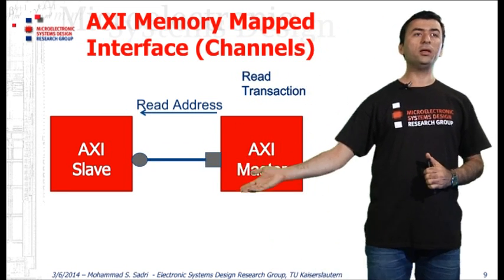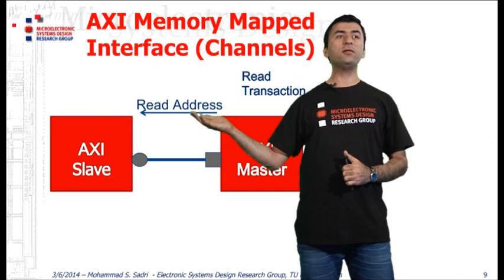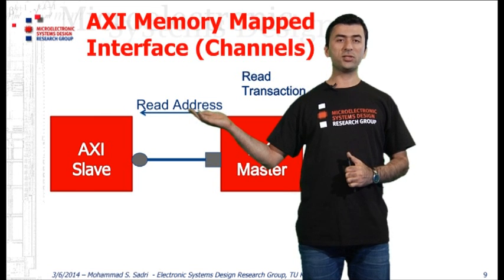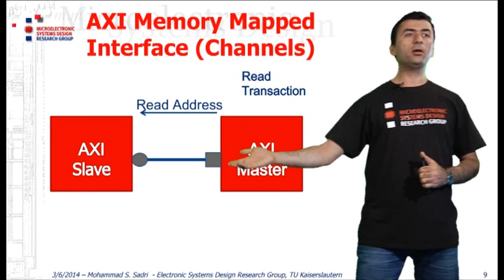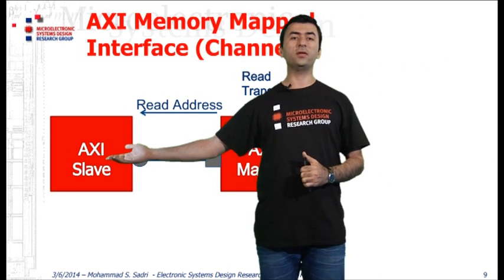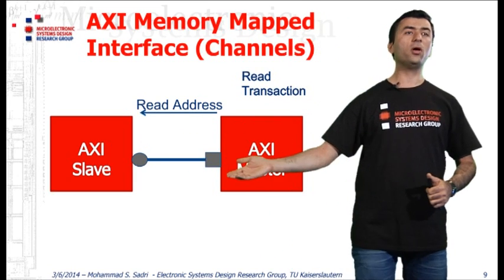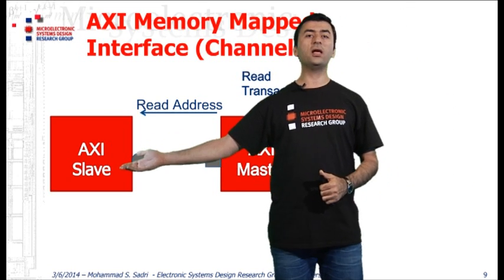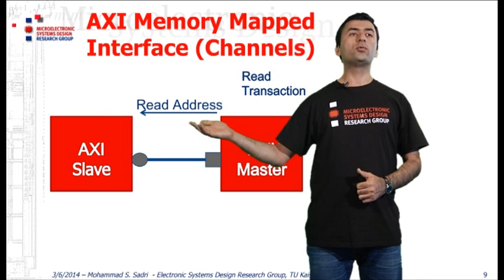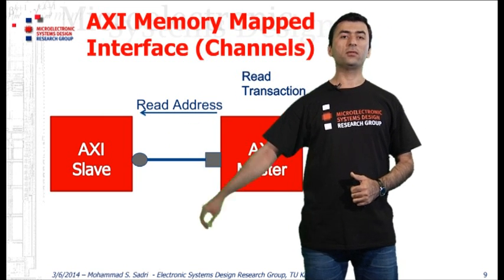So basically, we will see that there are a set of signals that we call read address channel going from AXI master to the AXI slave. In fact, there are a set of signals between AXI master and AXI slave dedicated to transfer the read address to the AXI slave.